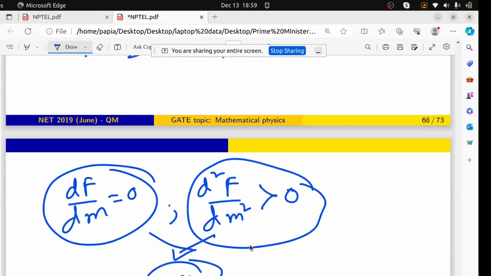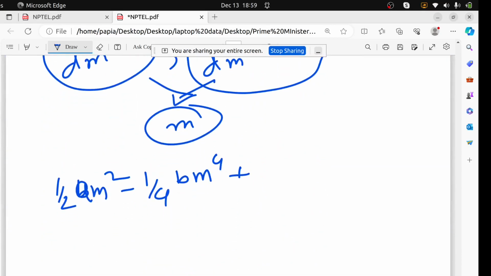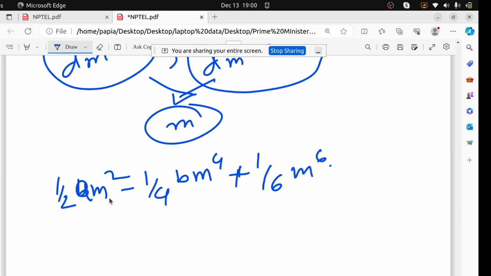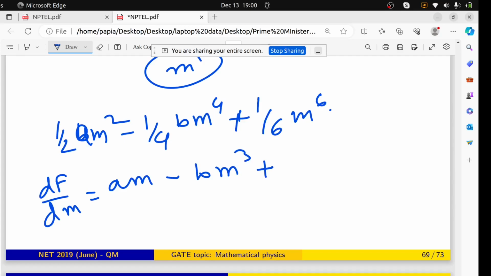What is that? A m square minus B. Why we need the two conditions? Because you can see here two unknowns are there. So obviously we need two conditions. So dF/dm: A m minus B m^2 plus m^5, that will be 0.